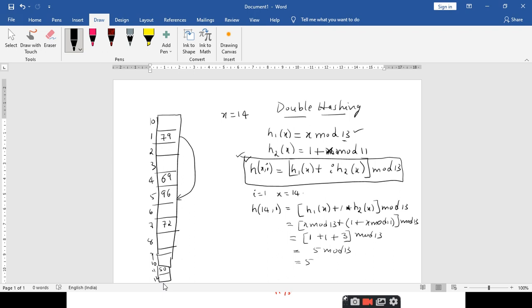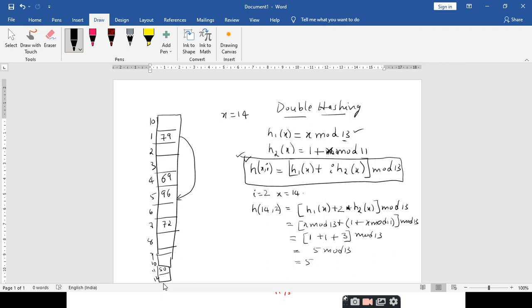So I have to increment the value of i. i becomes 2, because it is the second collision that has occurred, and you have to apply the formula as h1 of x plus 2 into h2 of x mod 13.